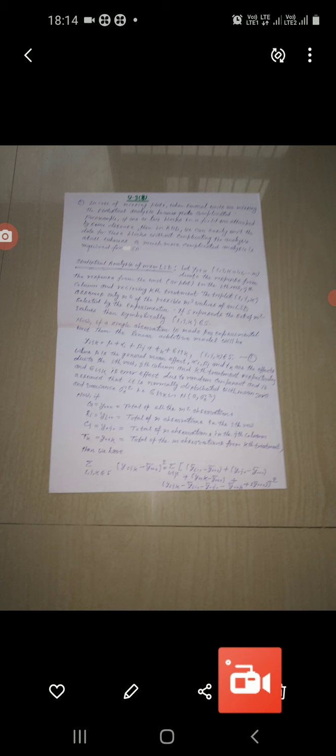Similarly, Cj is equal to y dot j dot, the total of m observations in the jth column. And Tk is equal to y double dot k, the total of the m observations from the kth treatment.